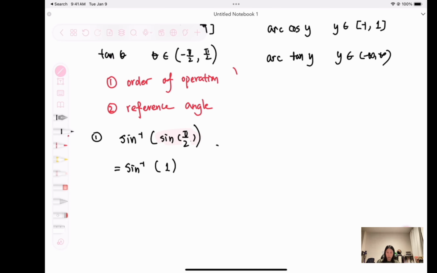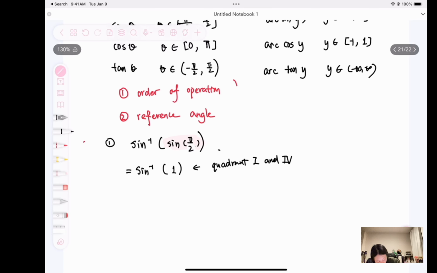So the arc, which is the inverse, sine 1 is equal to what? Remember that this has to be in quadrant 1 or 4. Well, 1 is fine, because sine inverse of 1 still gives us pi over 2. Done. We solved that.